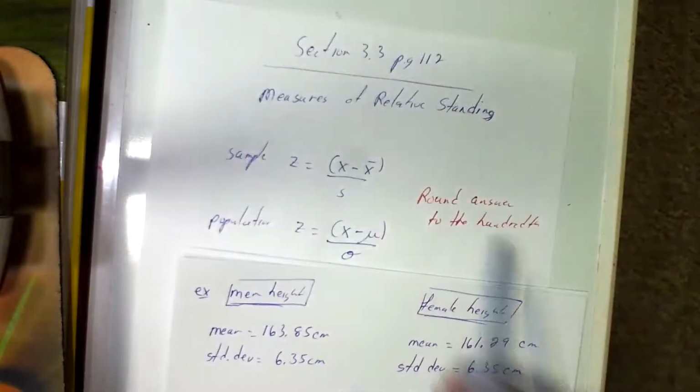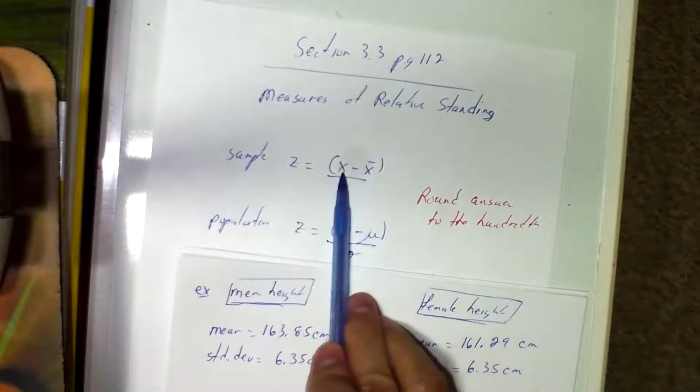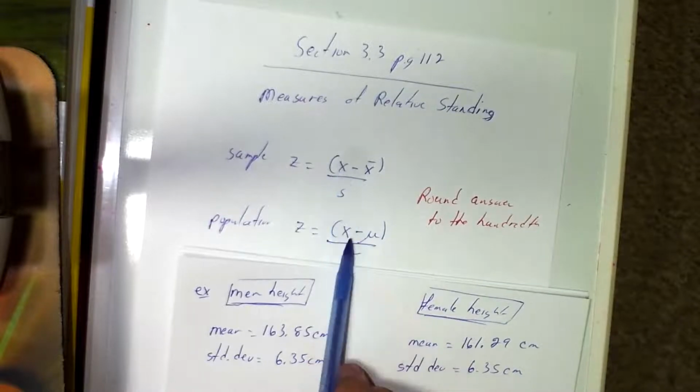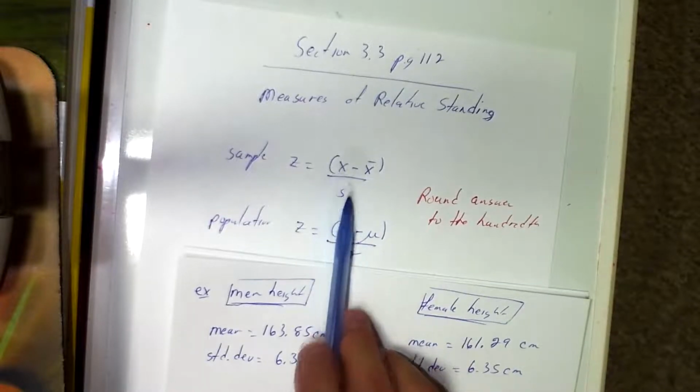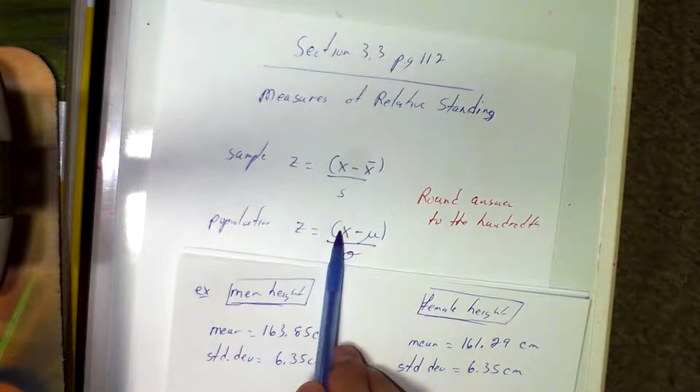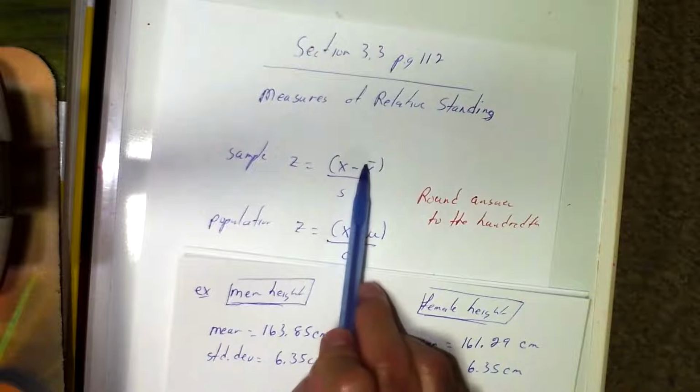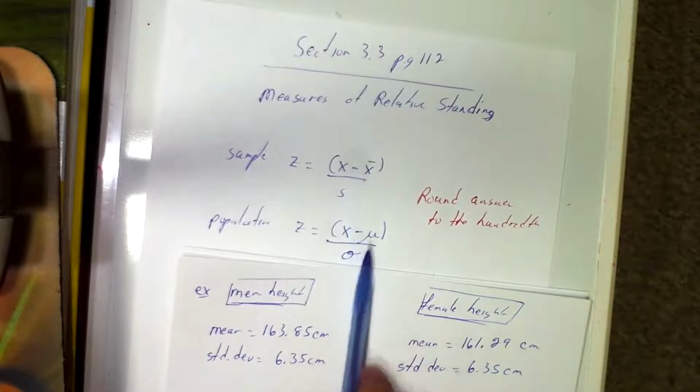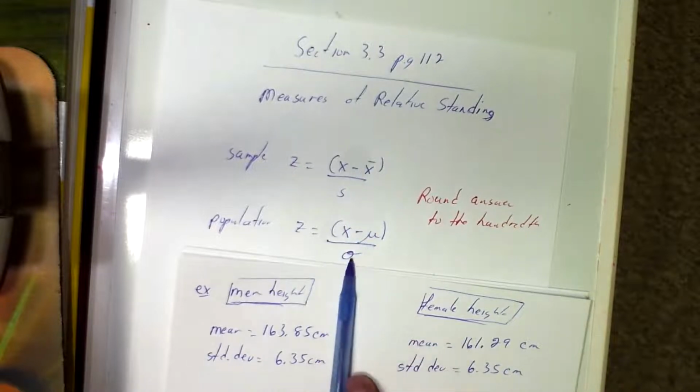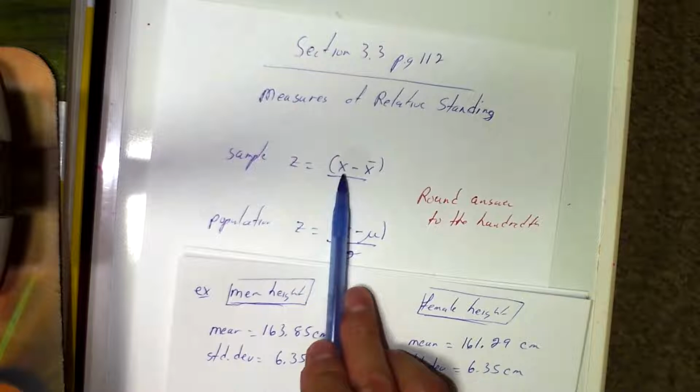So on the formula, the x term in our numerator is going to be the measurement that we're going to test to see where they fall on our scale. There's your mean, and you substitute the standard deviation that's given. So we need to figure out whose height we're going to observe.